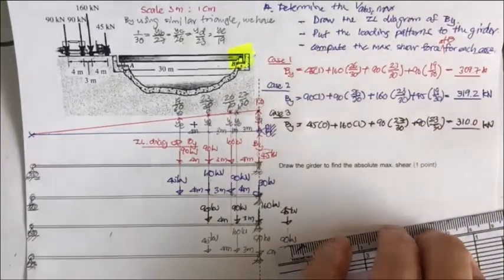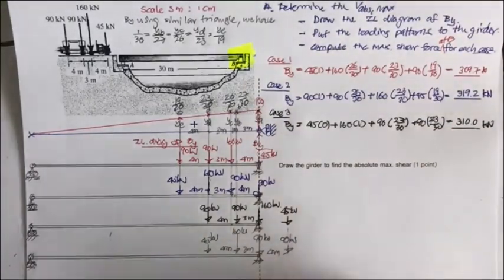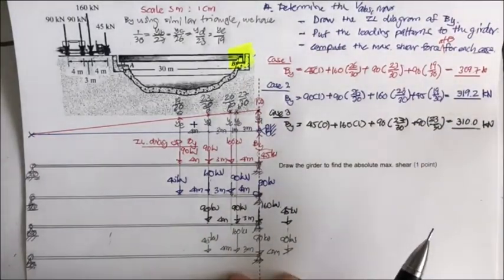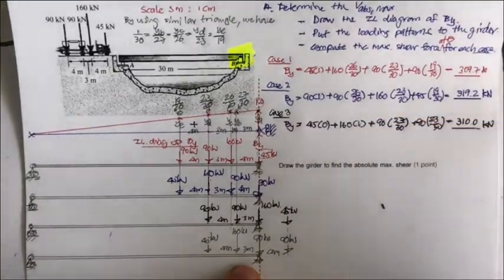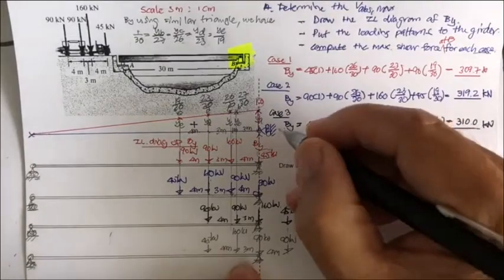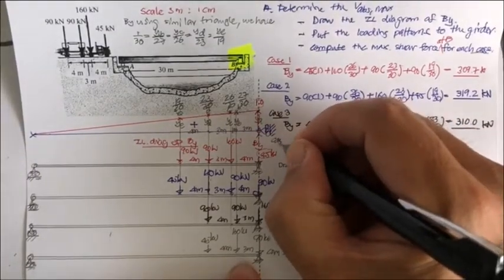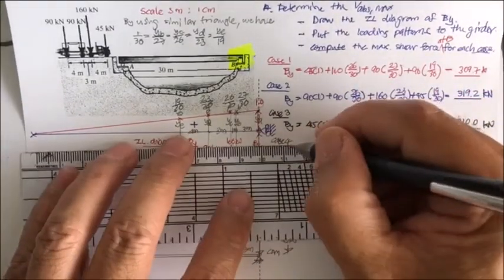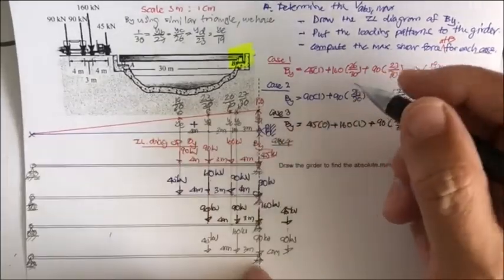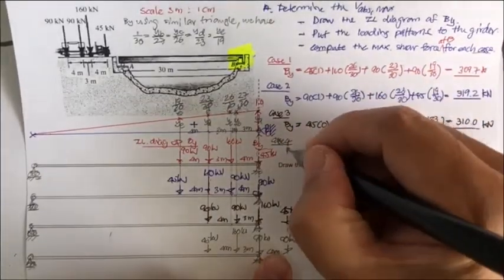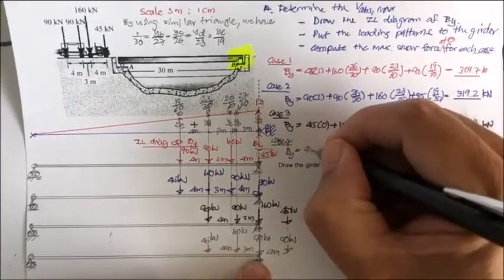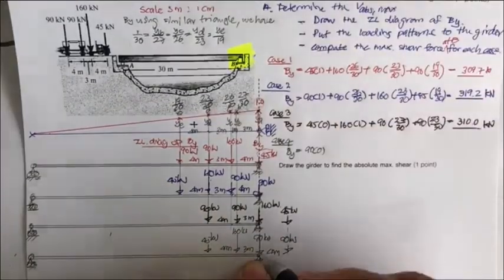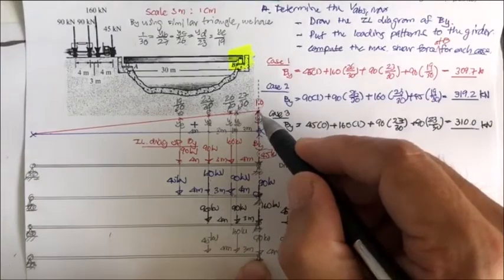And then we have the last one, case 4. On our case 4, our B sub y is going to equal 90 times 0, and this 90 is going to be times 1.